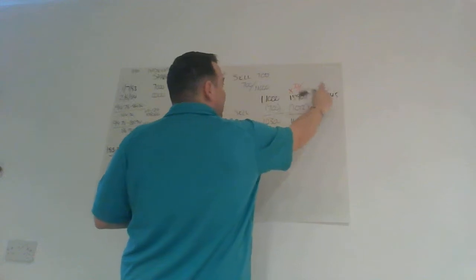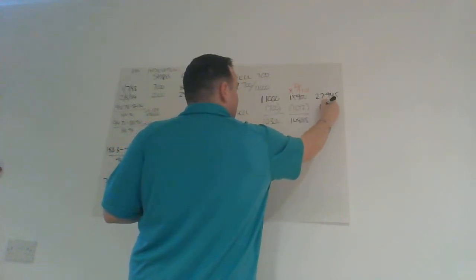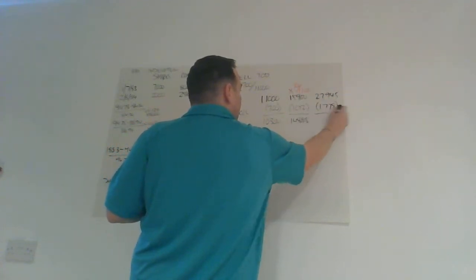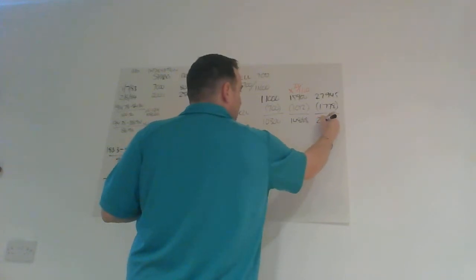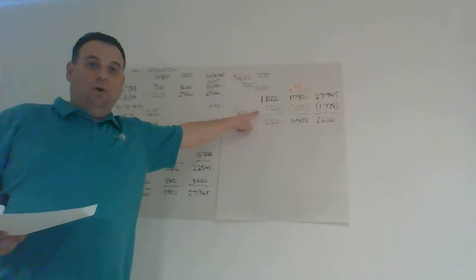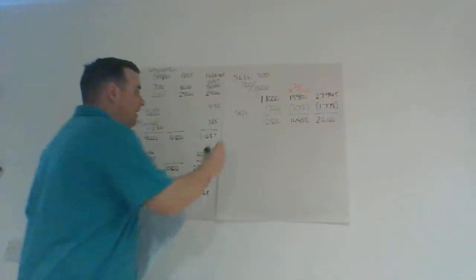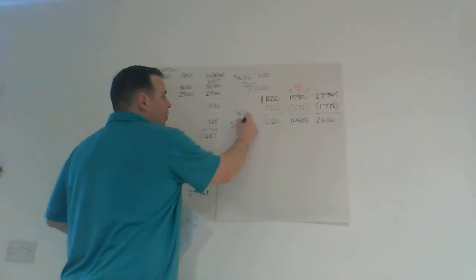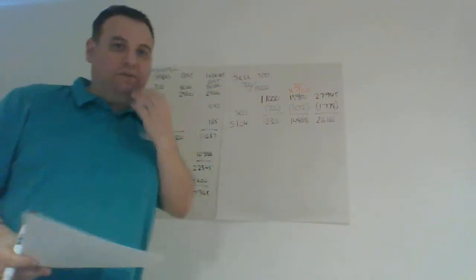And the same with this figure times this fraction. So this is the value of our disposal, and this is the value that we have left afterwards. This is what's called our Section 104 holding after this disposal.